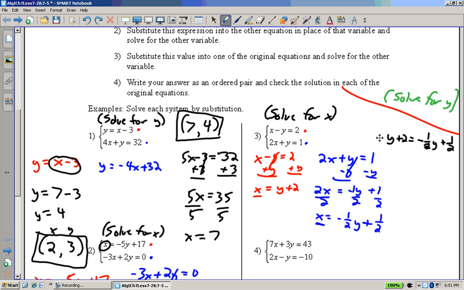Again, I don't like these fractions, so what I'm going to do is multiply everything by 2. 2 times y is 2y. 2 times 2 is 4. 2 divided by 2 is 1, times -1 is -1. 2 divided by 2 is 1, times 1 is 1 again.